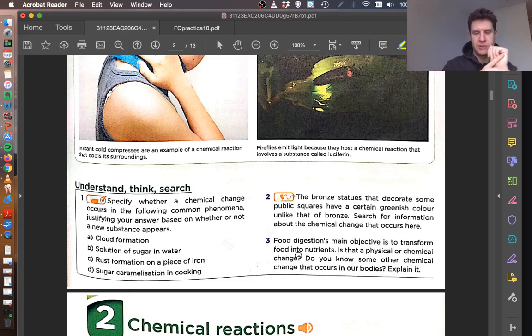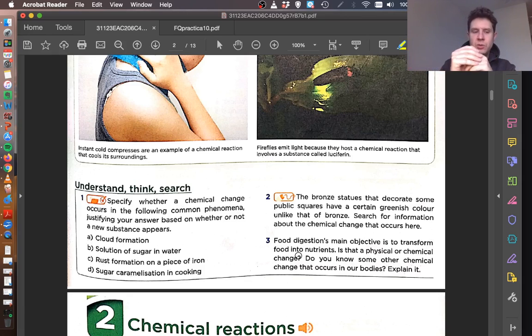We cut it in small pieces, and we obtain another substance, which are the building blocks, the small parts that form the protein. And these parts are called amino acids. So we have a new substance.